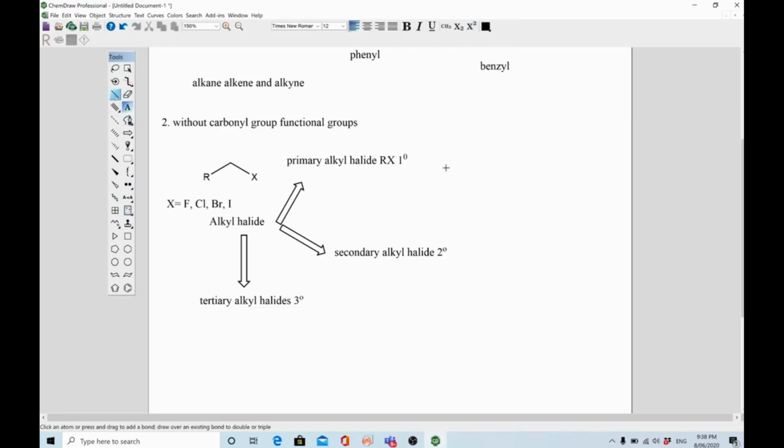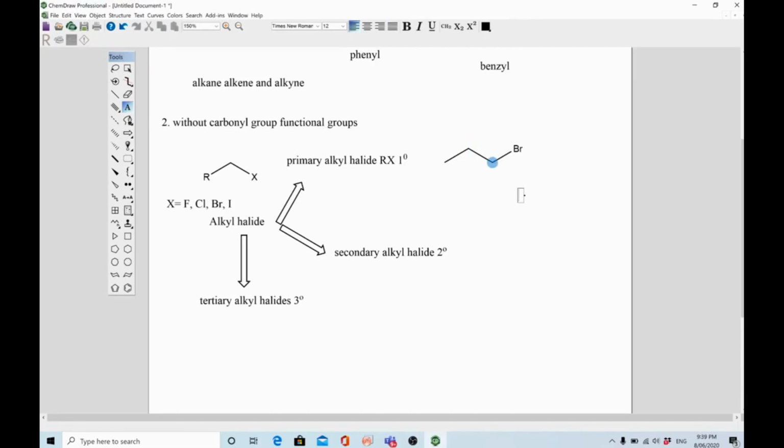So how to identify whether or not this is primary? If your halogen group is connected with, like this is bromine, this is connected with a carbon, and that carbon should be connected further with 1 carbon, or it should contain 2 hydrogens.